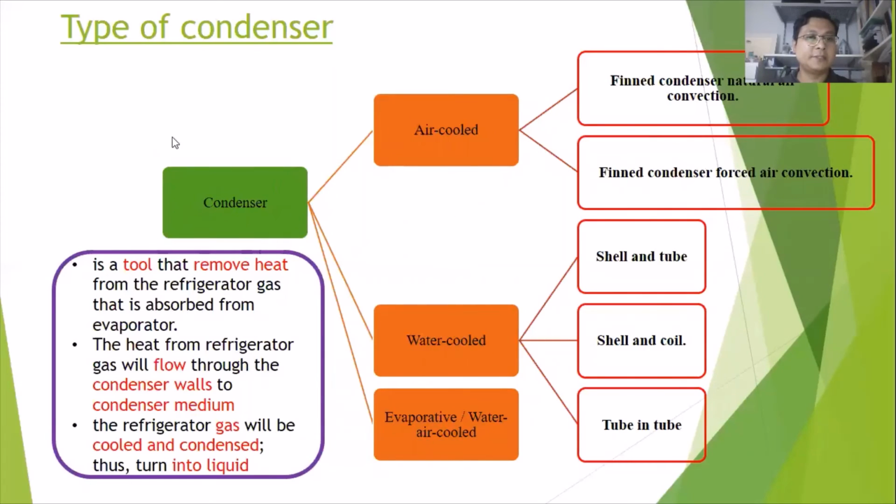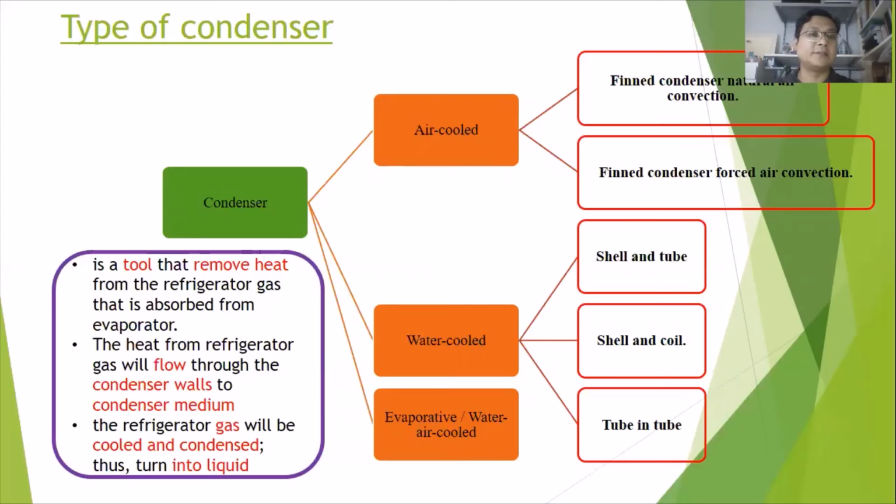So we can see first the function: it is a tool that removes heat from the refrigerant gas that is absorbed from the evaporator. The heat from the refrigerant gas will flow through the condenser walls to the condenser medium. The refrigerant gas will be cooled and condensed, thus turned into liquid.